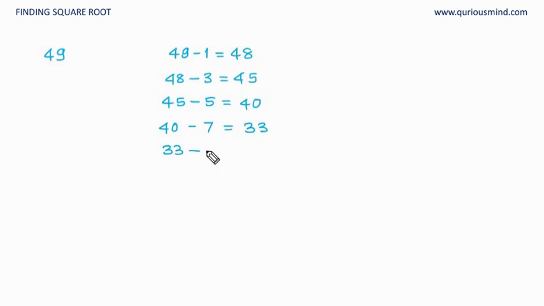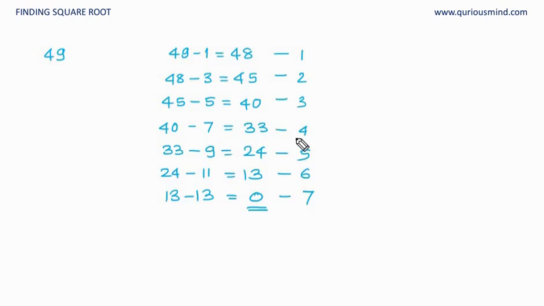After that 9. After 9 we'll subtract 11. And after 11 it is 13. We reached 0. The first thing that is indicated when we reach 0 is that 49 is a perfect square. And to know the square root, we will count the number of steps we have taken. So we have taken 7 steps, and hence the square root of 49 is equal to 7.